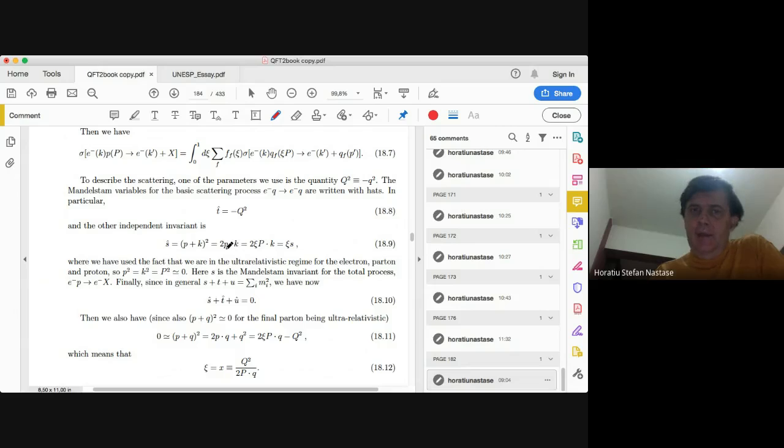And then little p is psi capital P, and then 2 capital P dot k is s, because this is equal to (capital P plus k) squared, again because the two objects are ultra-relativistic, so they square to 0. So s hat then is psi s.